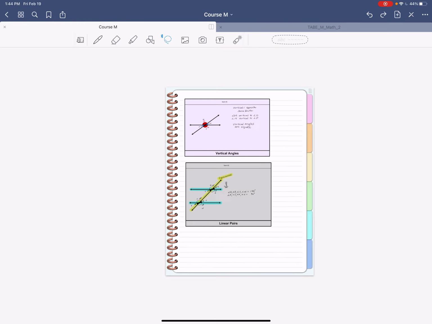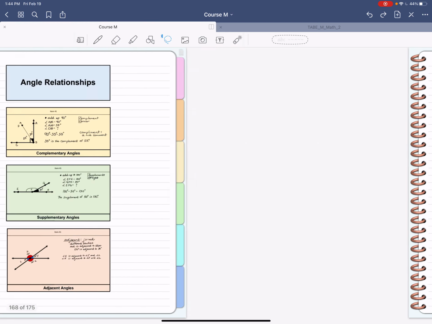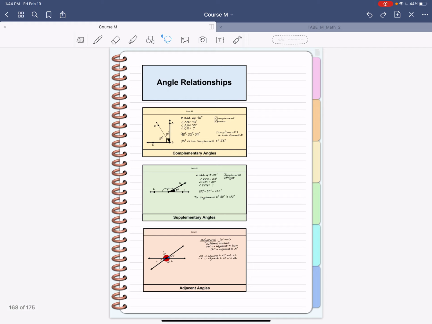I'll tell you what, I'm not even going to try this. It shows you in the assembly video how to do this, so I won't even go there. If you need to, go back and watch your assembly video again. But when you get this stacked up, the angle relationships will be on the top. And you'll have a nice flip file. You can quiz yourself on what these mean.